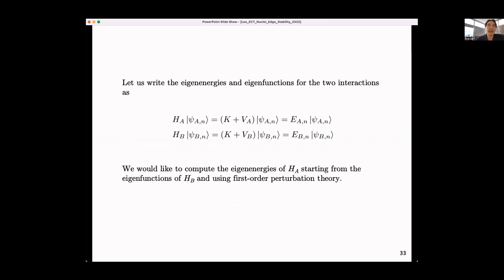So let's say HA has eigenstates psi A n and energies E A n. Let's write K for the kinetic energy. Let's just work in the two-body system here. VA is the interaction.